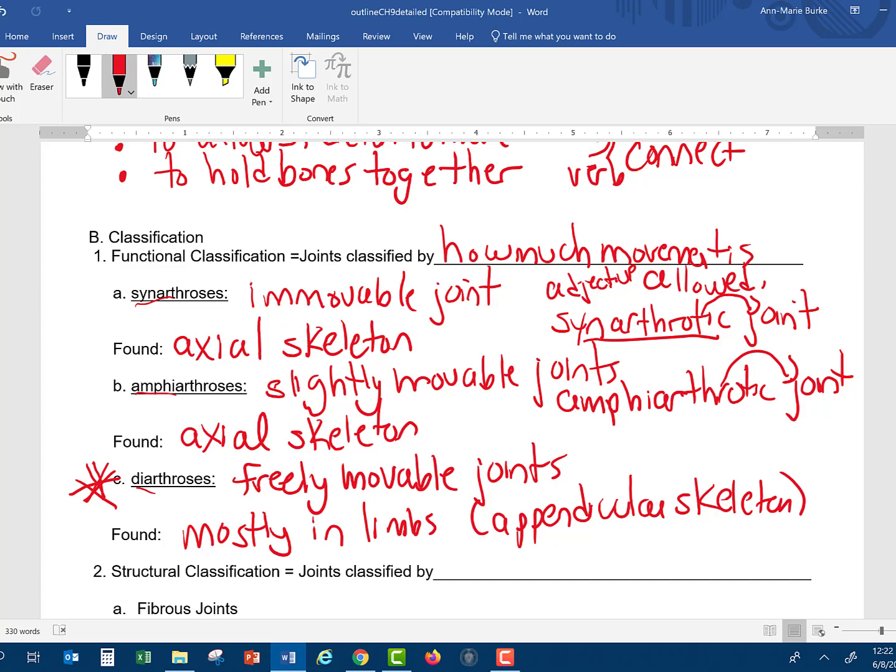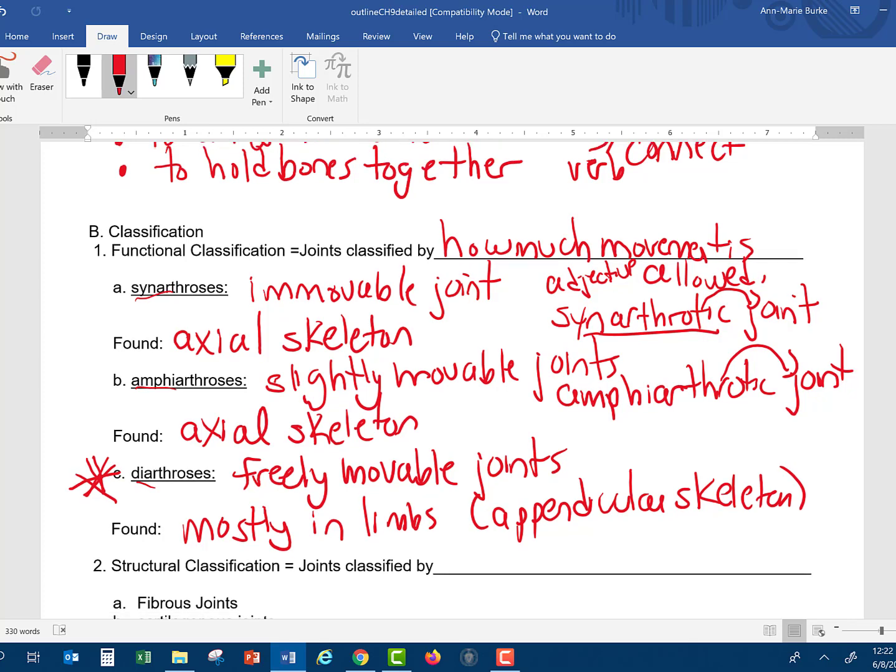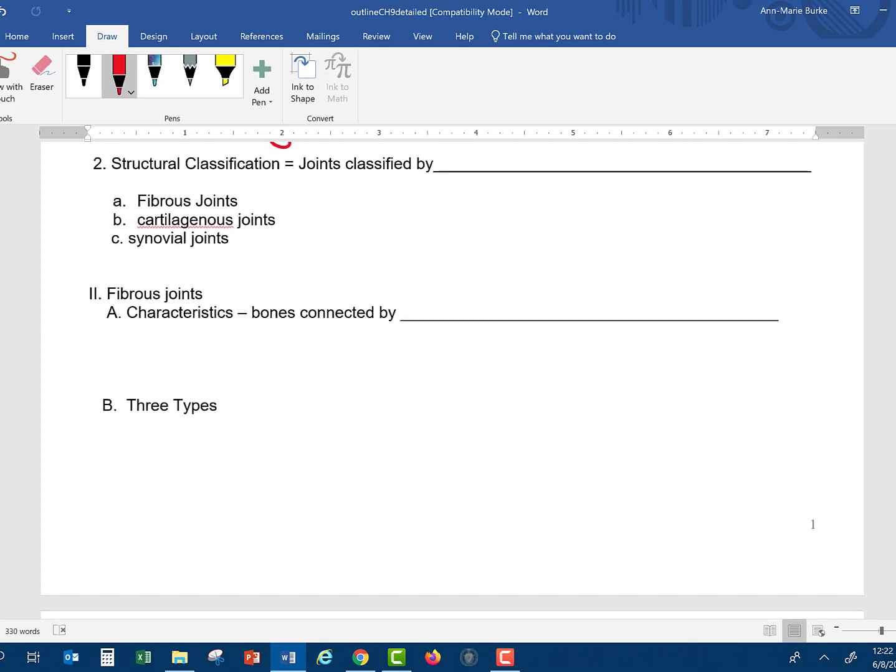Now you can also put joints into categories based on their structure. Joints are classified by their structure in two ways. One is by the tissue that connects the bones. The other way is by the presence of a joint capsule.